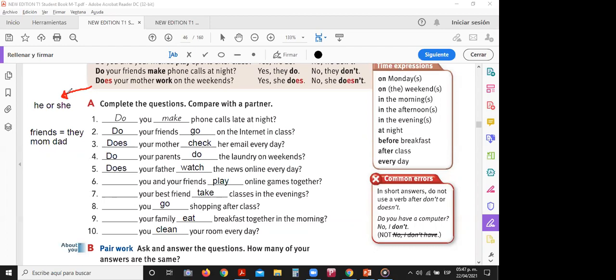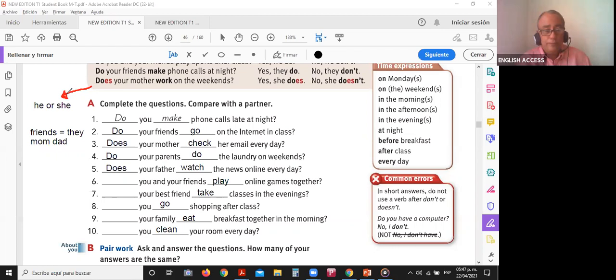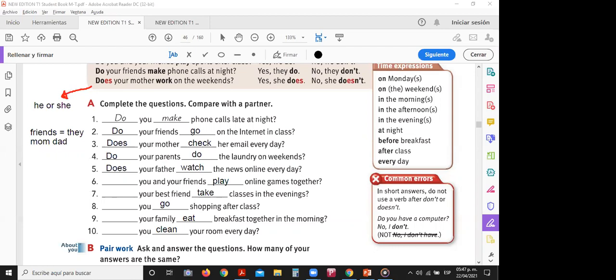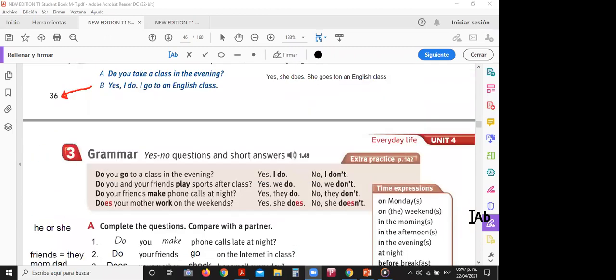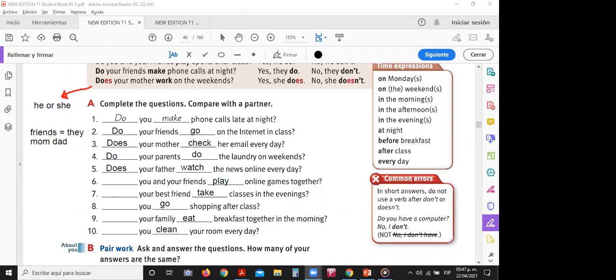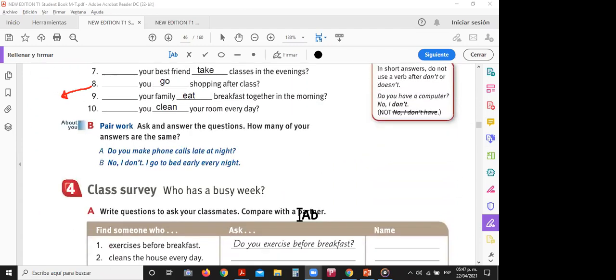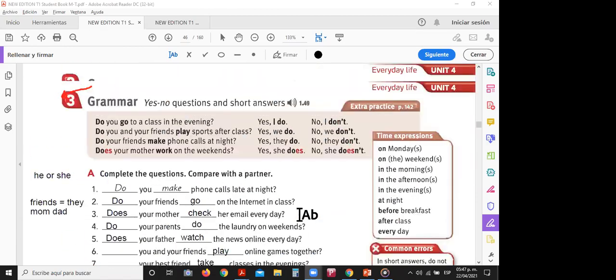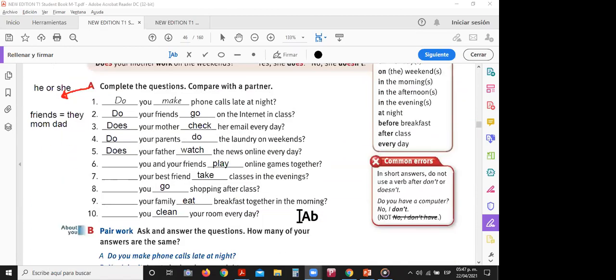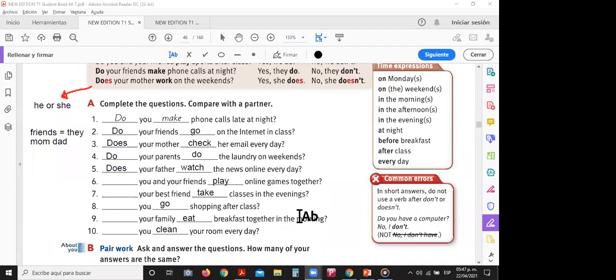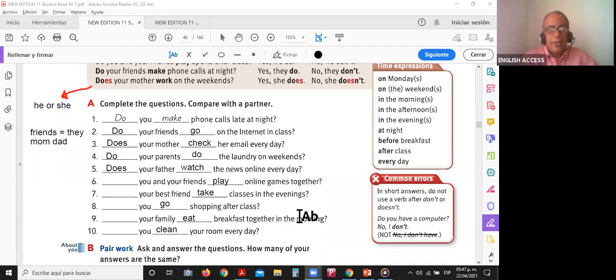For plural or first person, do. Okay, time is running. One more minute.